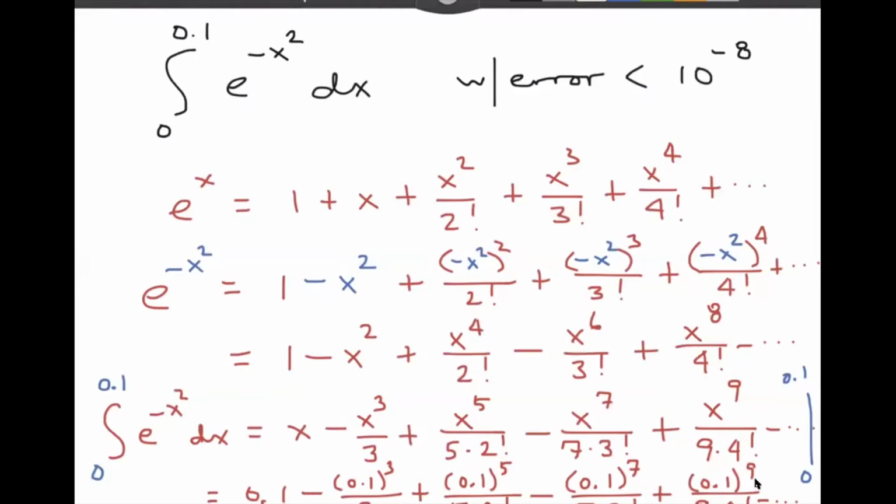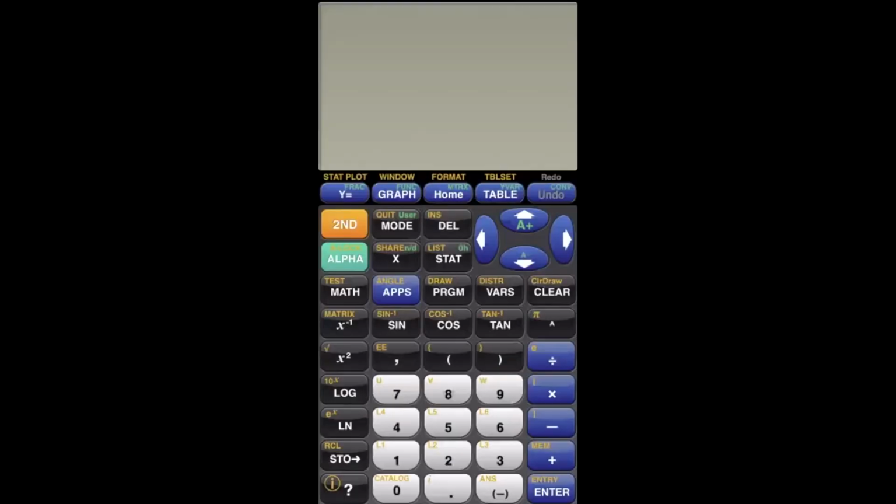And then that's going to be the first term that you don't use. Okay. So what I'm going to do now is bring up my calculator. All right. And so I don't think it's going to take us very long to find the first term whose absolute value is less than 10 to the negative 8.